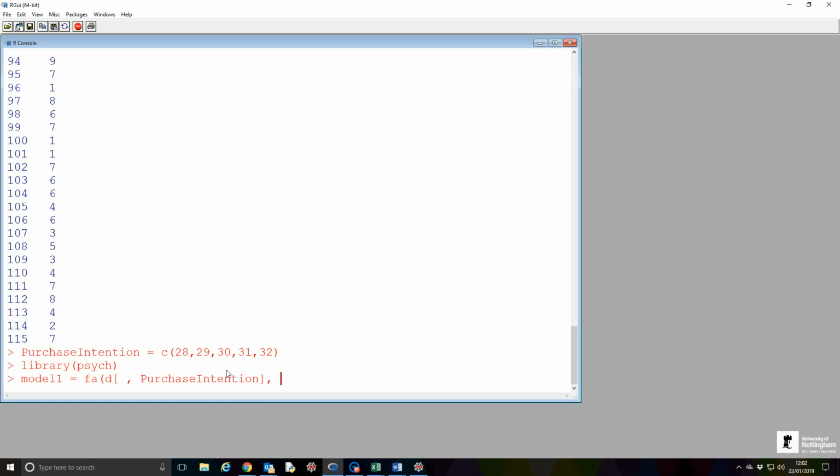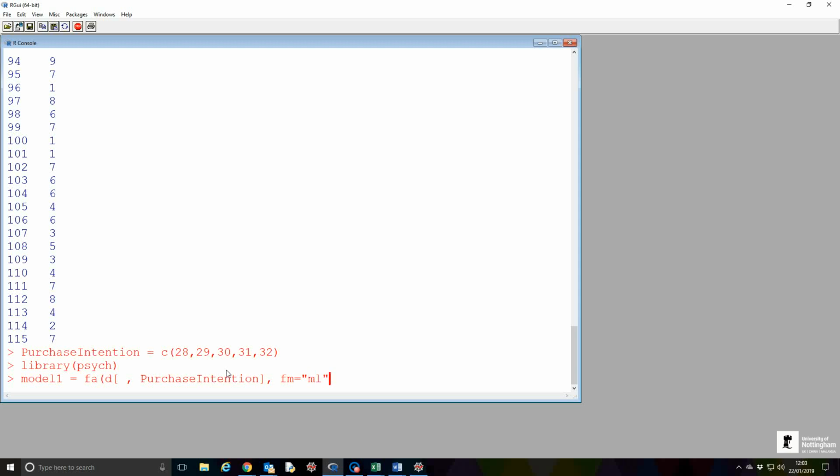We're going to just have one factor. If we wanted multiple factors, we might write 3 or 4 or whatever, and that might be theoretically justified or statistically justified, and I'm sure the students would have covered that in some research training previously. And then we're going to use maximum likelihood. Let's use maximum likelihood for now.